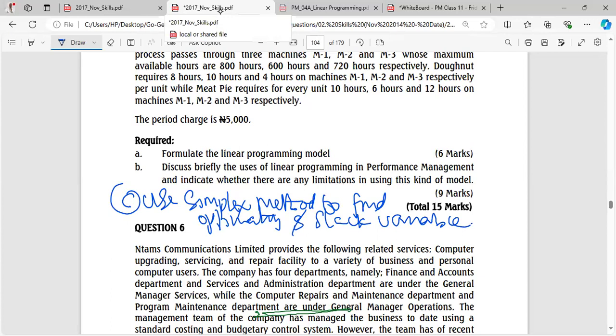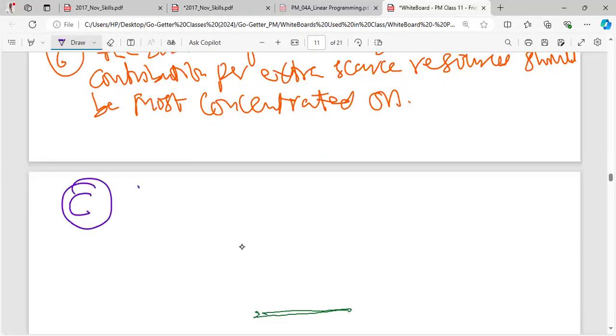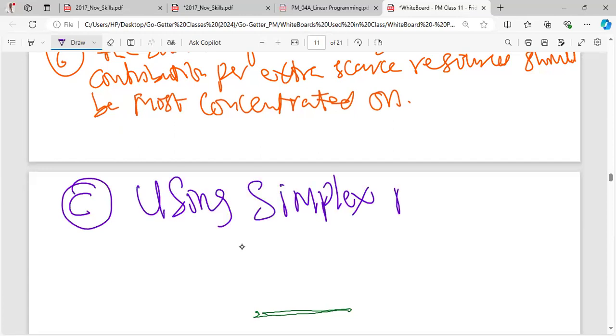So in our next class, we'll be looking at C, using the simplex method to find optimality and slack variables.